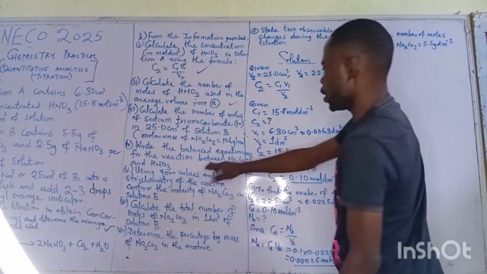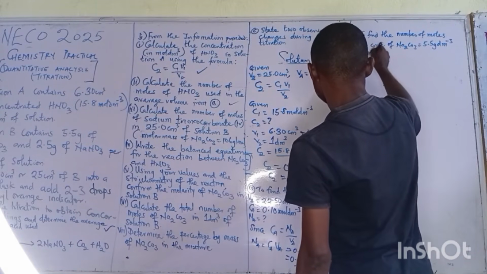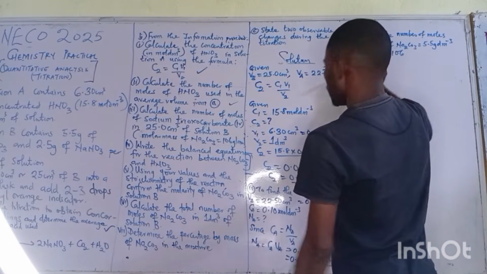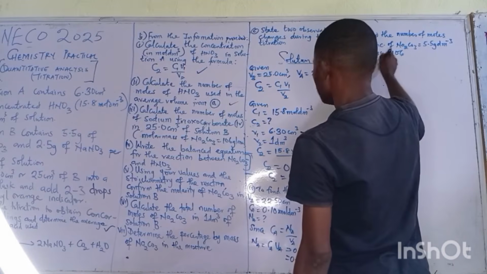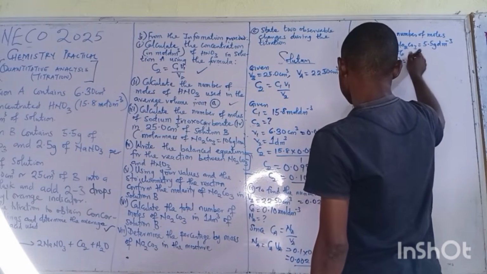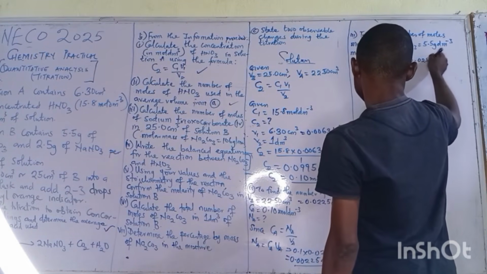And from there, we have our molar mass as 106. Likewise, they give us a particular volume of the base as 25 cm³, which we are converting to dm³, that will give us 0.025 dm³.